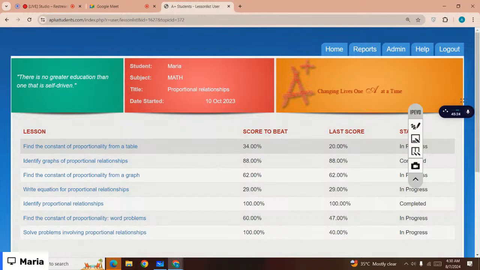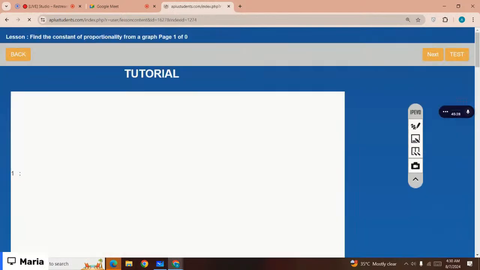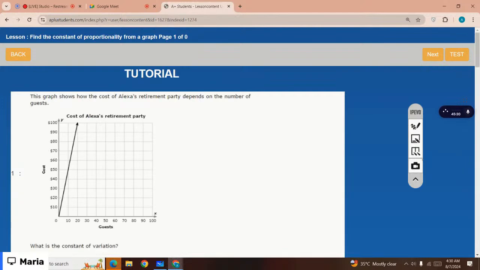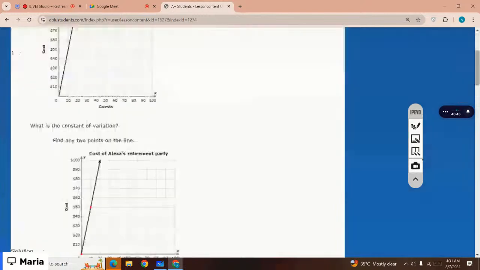The next one is find the constant of proportionality from a graph. This graph shows how the cost of Alexa's retirement party depends on the number of guests. What is the constant?